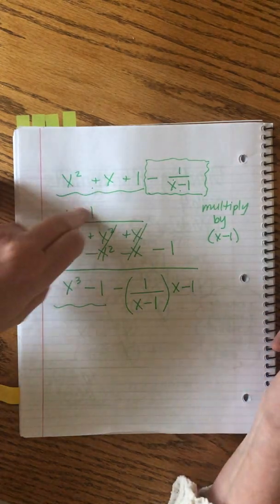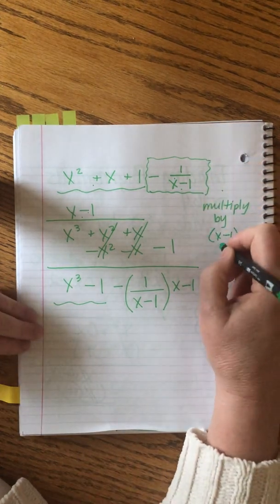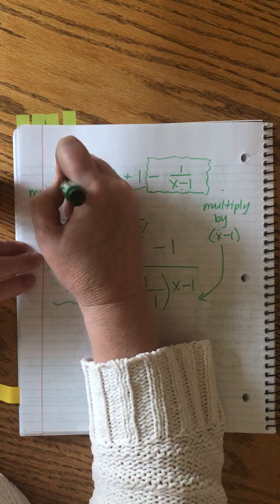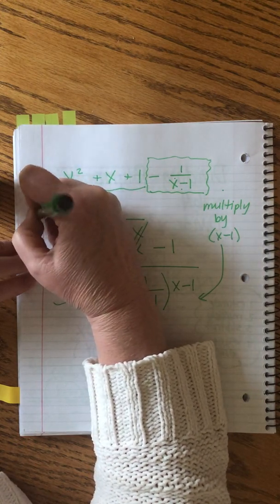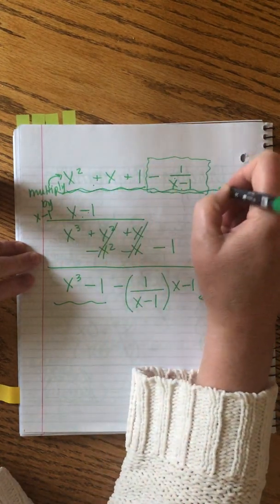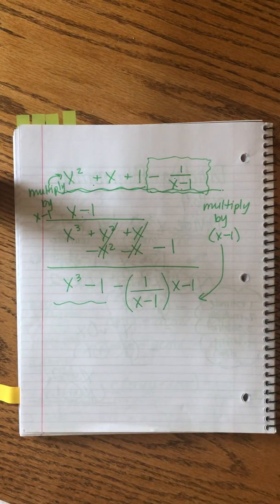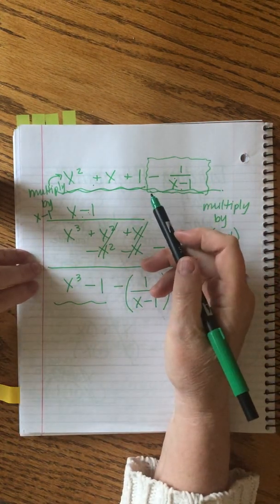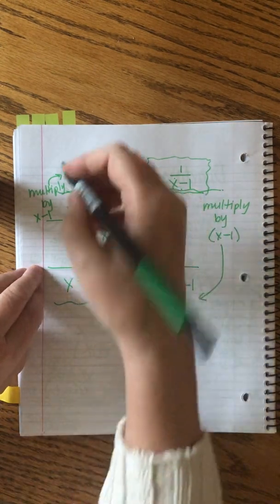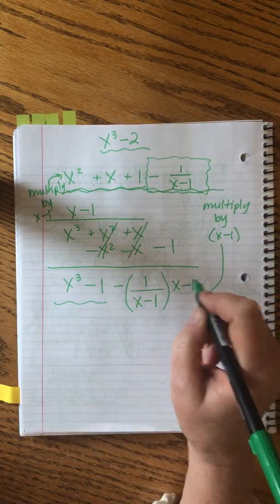We multiplied both parts of our answer by x minus 1. Okay, this is our full answer, and we're multiplying it by x minus 1 to try to get our whole number back again, right? What we started with, which was, by the way, x cubed minus 2. That's what we're trying to recreate, right?